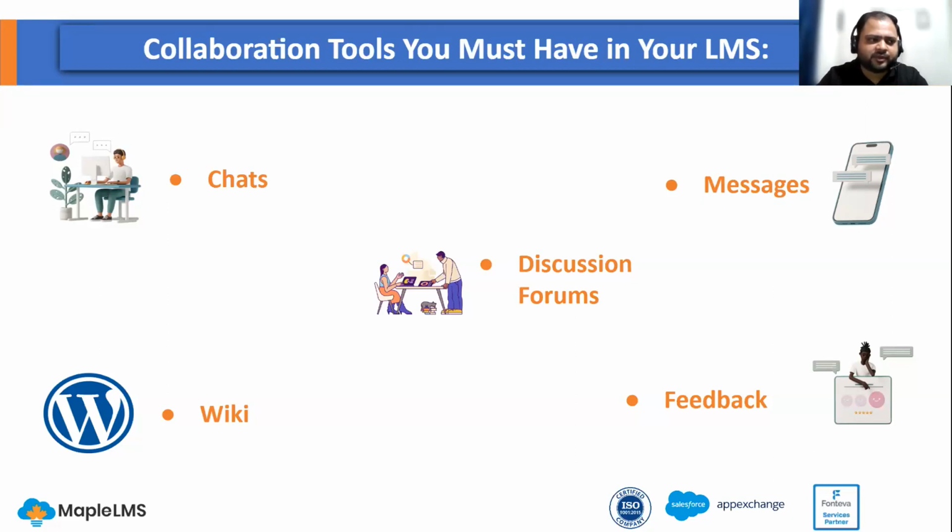Well, in the most basic way, you can write an email to your instructors if you know them, but if you have a message feature, you can straight away send a direct message to an instructor and ask your question. Messaging doesn't have to be between an instructor and a learner. It can certainly be between individuals. So an individual can also communicate with another individual who's inside this LMS.